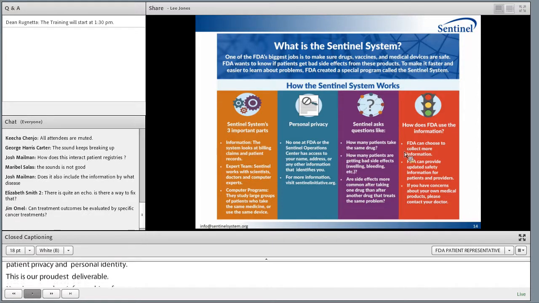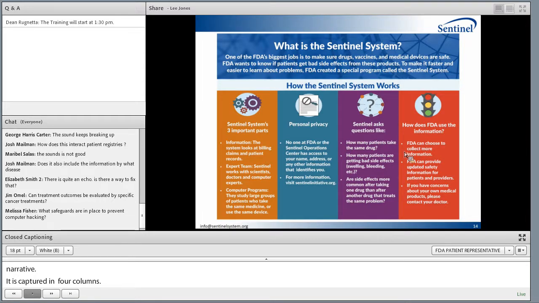This infographic, as you will see, is already part of the Sentinel System website and will be included in your media toolkit that will be disseminated to all of the attendees of this webinar following the webinar.